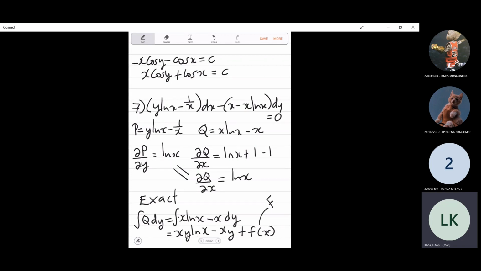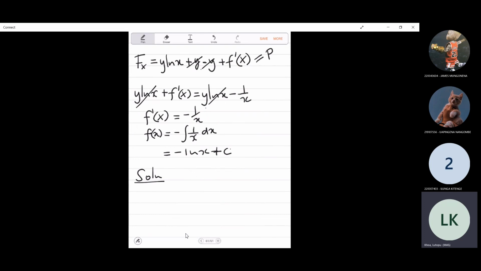That's the first part. And then I add this part here and then equate it to c. So minus ln of x, and this is equal to c. So that is my solution.